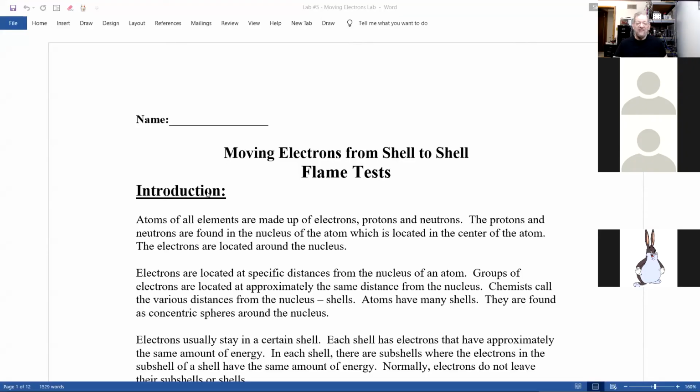And today's lab is moving electrons from shell to shell, also known as the flame test. Now, as you know, all elements have atoms, and the atoms in the center, in the nucleus, are the protons and neutrons. And all around the nucleus are the electrons in the subshells of shells.